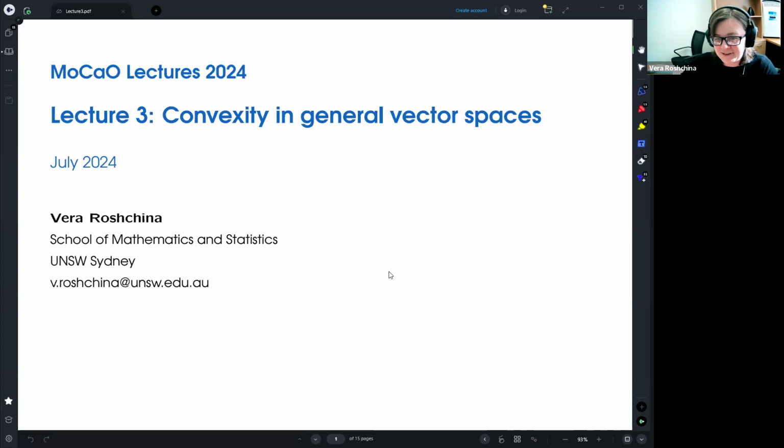I think that studying convexity in general spaces tells you a lot about how the particular mathematical structure affects different properties. You see what you're doing comes from the linear space, what comes from topology, and so on.